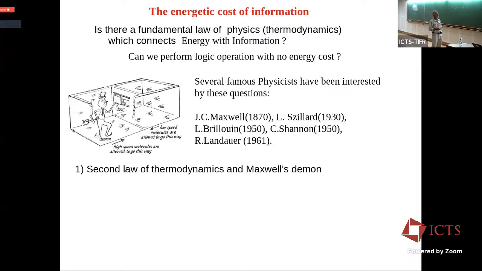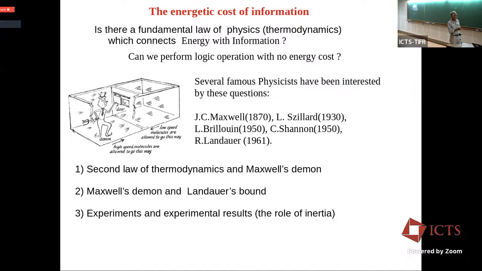In what follows, I will try to discuss first of all the second law of thermodynamics and how the Maxwell demon was conceived, and then I will discuss the Maxwell demon and the Landauer bound. I will explain later what the Landauer bound is. Then I will show you several experimental results, and eventually, at the end, the role of inertia.